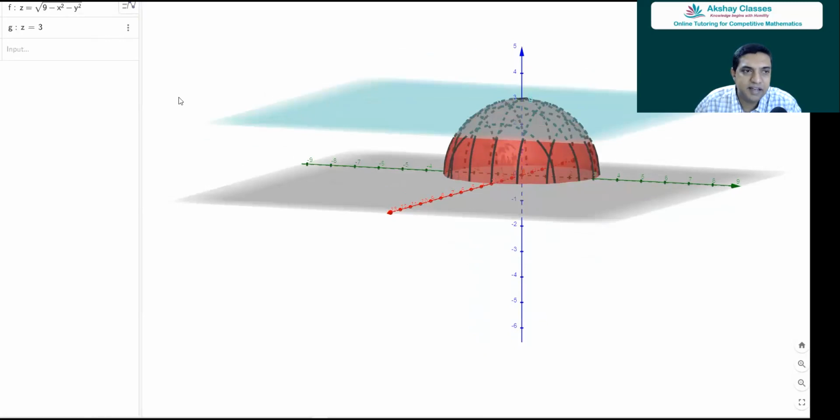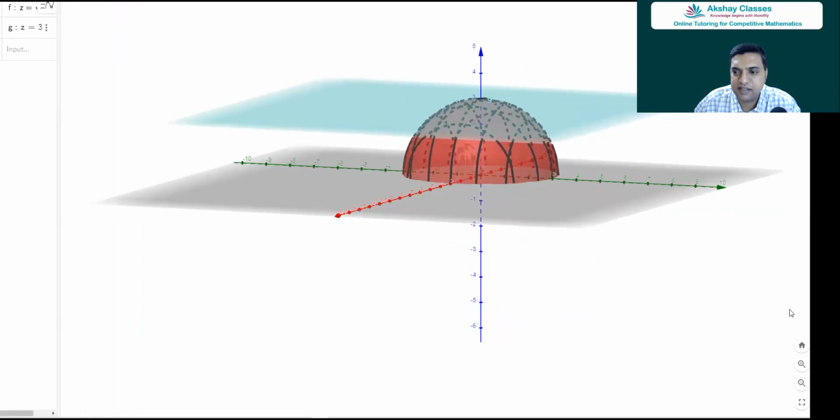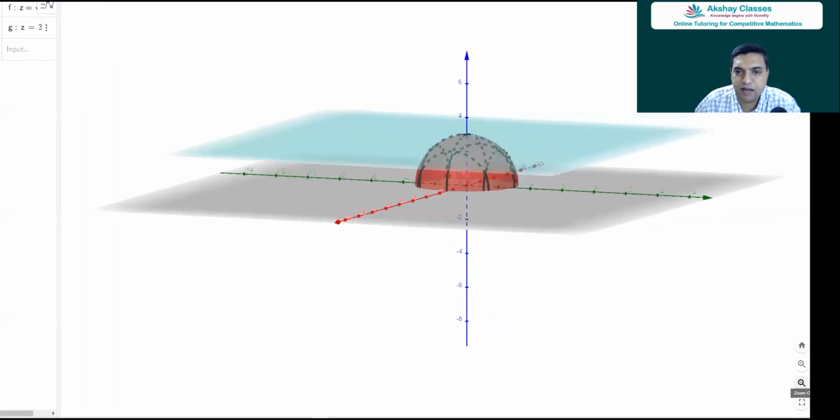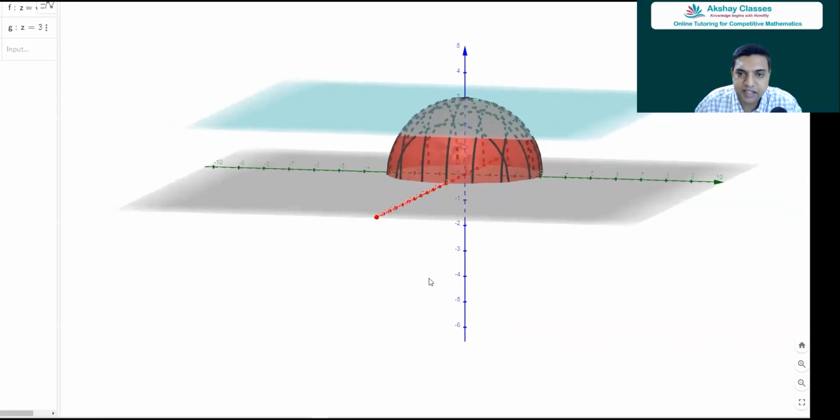Now this is a plane z equal to 3. This plane touches the top surface. So this particular point is the point of maximum.